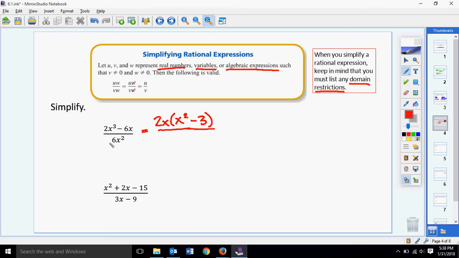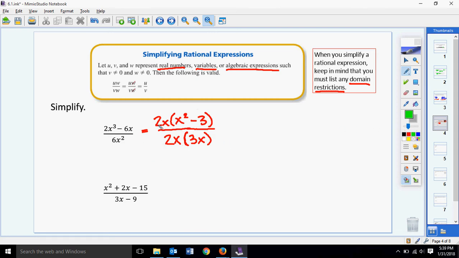Now in the bottom, there's nothing that I can pull out, but I can separate the 6x squared. I notice that in the top I have a 2x. If I can have a 2x in the bottom, it will cancel. So I'm going to factor out a 2x, and when I do that, I'm left with 3x.